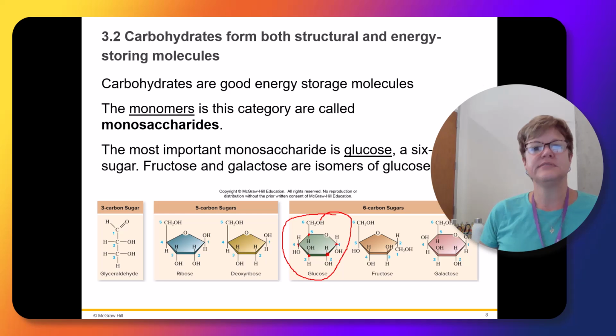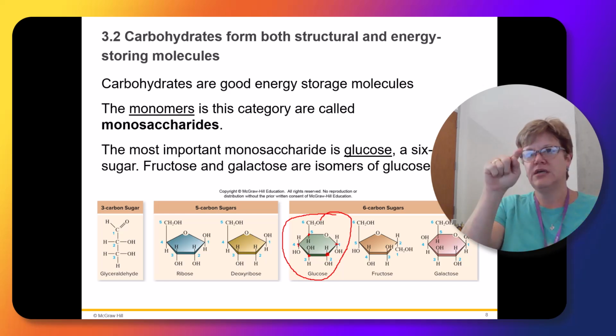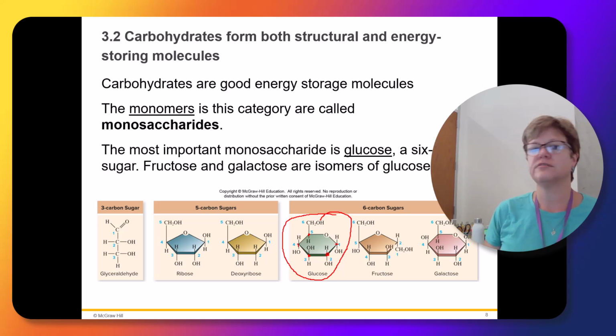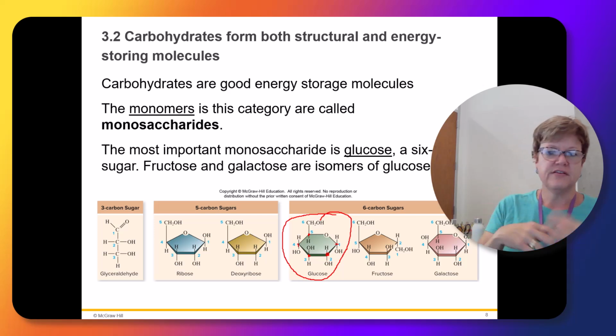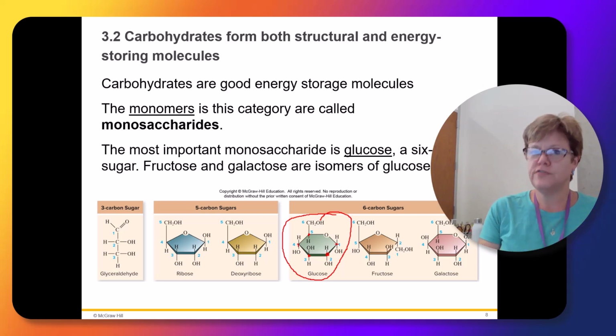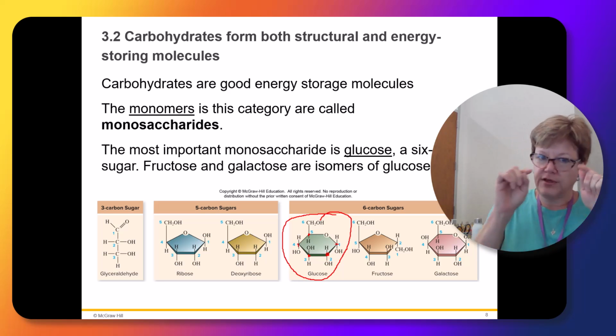And so a lot of times in organic chemistry, sometimes we get so lazy that we just draw a hexagon when we mean glucose, because glucose is such an important monosaccharide and it's so common in organic chemistry and in biology that when somebody draws a hexagon and doesn't say anything, you can assume they mean glucose. If they're trying to show you something else, they would need to say so, because glucose would always be the assumption if somebody draws a little hexagon.